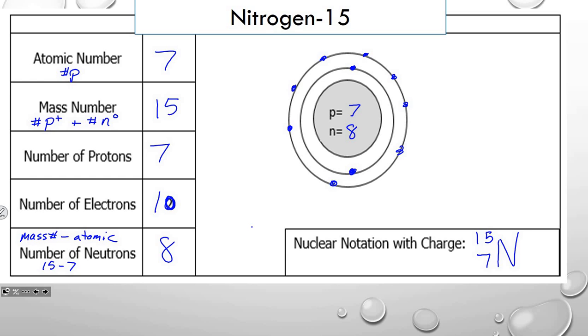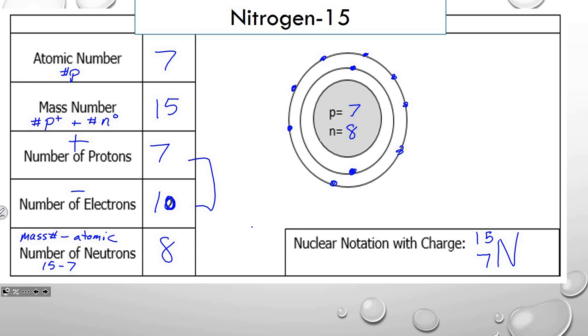Okay, then, since my protons and my electrons are not the same, remember protons are positive, electrons are negative, I'm going to have an overall charge. What's that overall charge going to be? So I have 10 negatives, I have 7 positives.